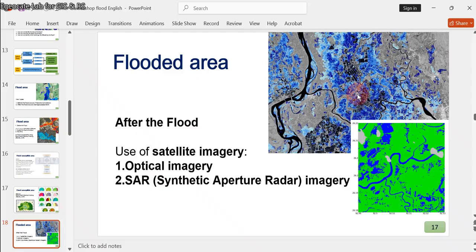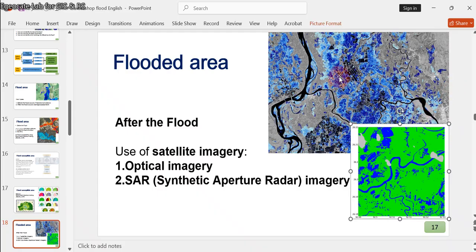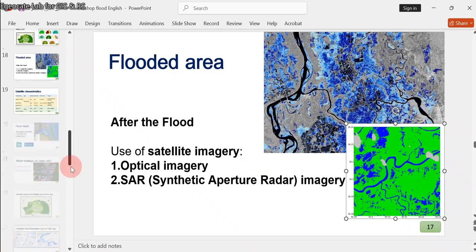Or you can use Google Earth Engine. Actually, it's a cloud computing platform that you can use to identify which area is flooded, or where it flooded.